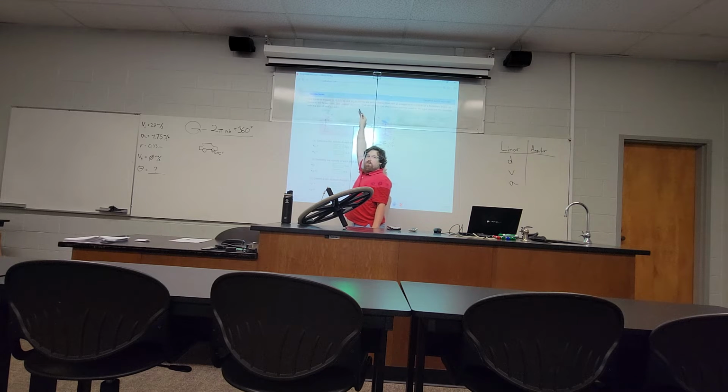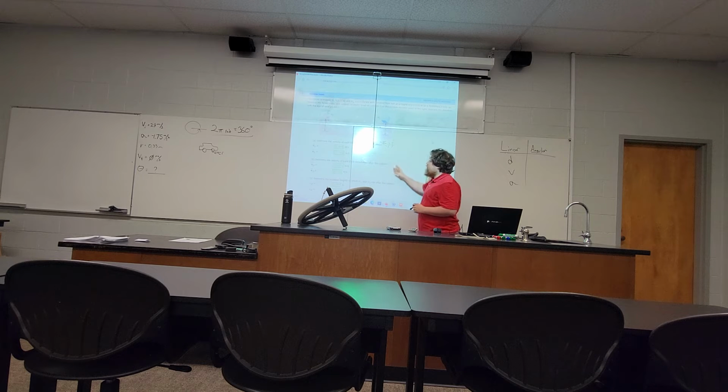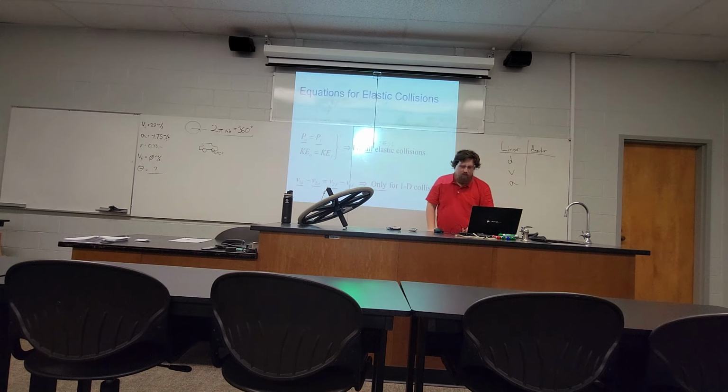That tells us a few things about how we can treat that collision. 1, we know that momentum will be conserved in it, but 2, it means that KE will also be conserved, and that that third formula that we talked about that applies for 2 object, 1-dimensional elastic collisions also can be used to analyze the velocities of the objects involved.